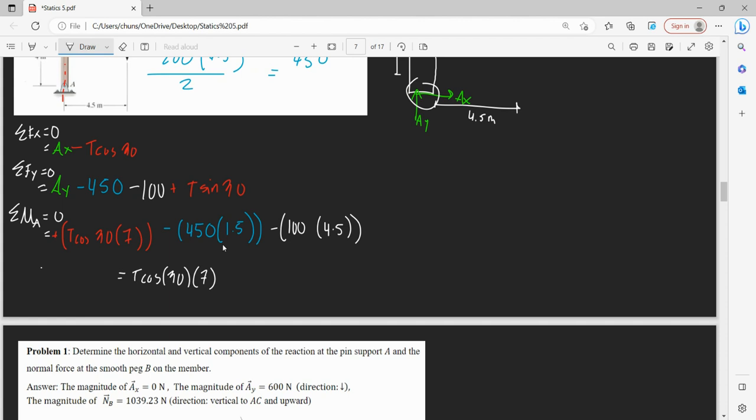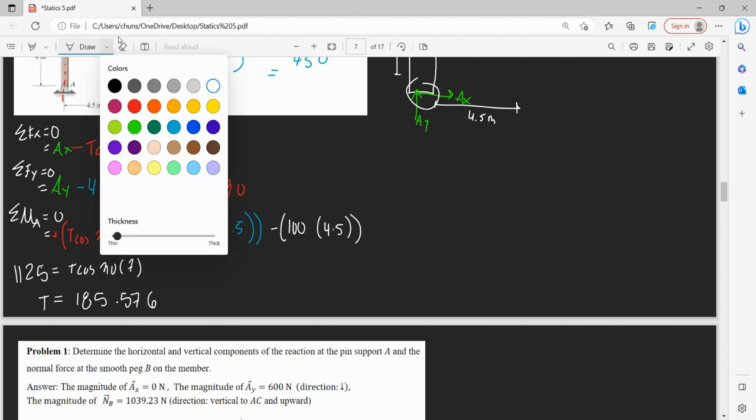So this is 1,125 is equal to T cos 30 times 7. And if we move our cos 30 times 7, this gives T is equal to, and now we have a positive number. So in our previous examples, we were getting negatives, but now that we have a positive, this means our assumed direction was correct.